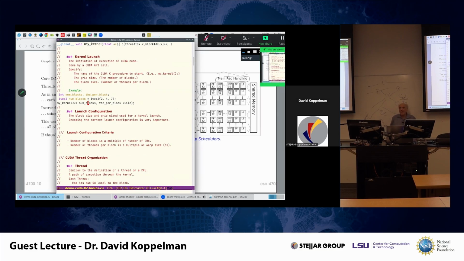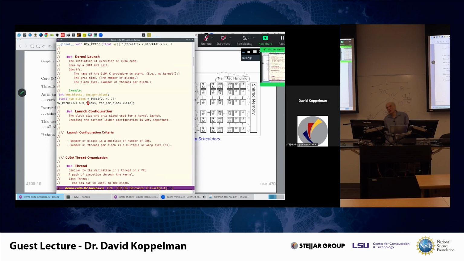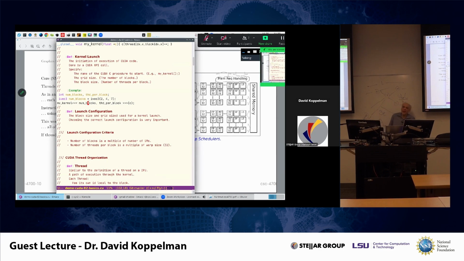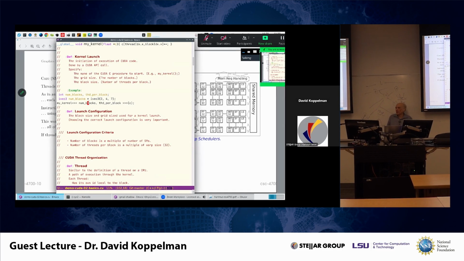And if you have 128 SMs and you launch 129 blocks, then you are highly imbalancing things, because one of those SMs has twice as much work to do as the others. And if you're waiting for everyone to finish, it's not a good thing to do. So the best practice, the default, is to make the number of blocks an integer multiple of the number of SMs.